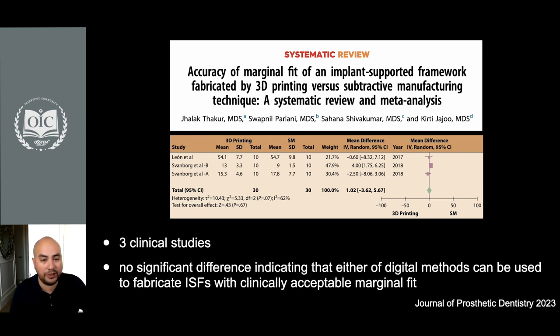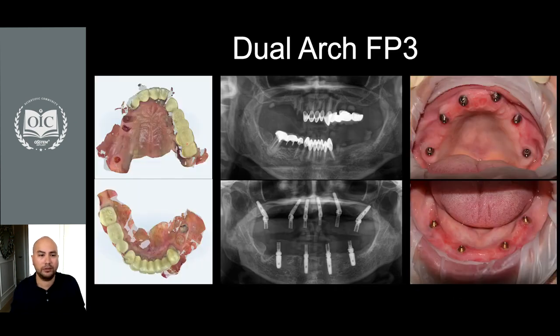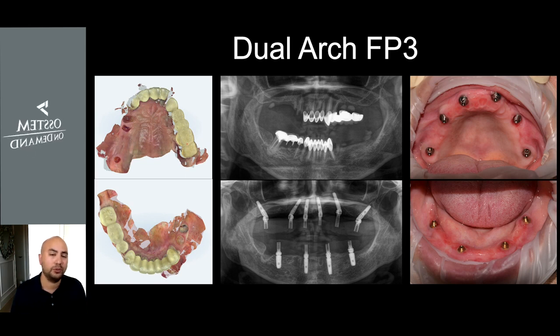Of course, 3D printing allows us to fabricate the interim prosthesis on the same day, whereas with milling it might take 1 day to complete an interim prosthesis. I'm going to now show some cases. So I'll start with the dual arch FP3.